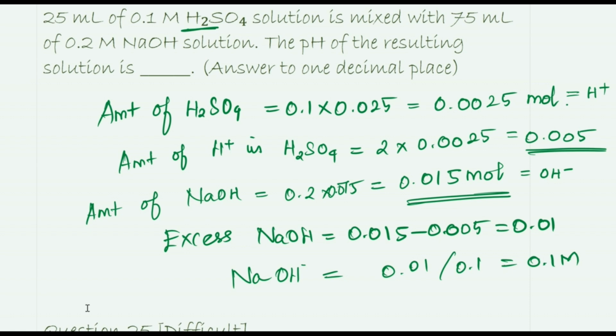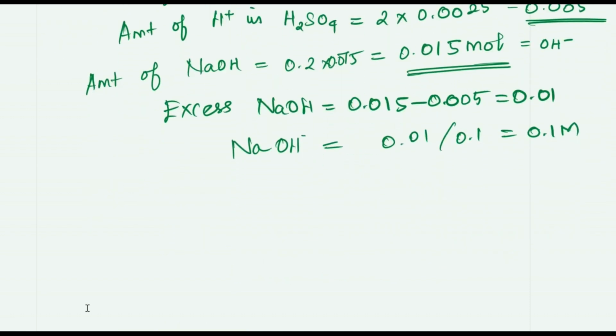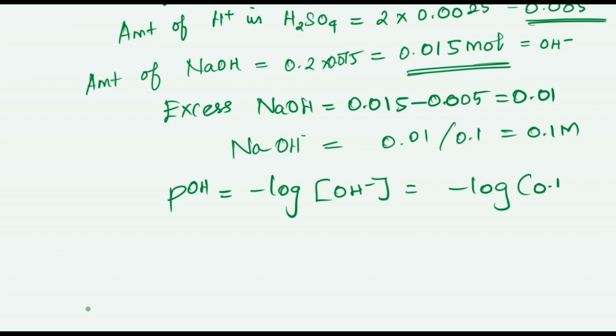Then we have to find the pOH, which is minus log base 10 of the concentration of OH minus. Then you need to substitute 10 to the power minus 1, it will become 1. pOH is 1.